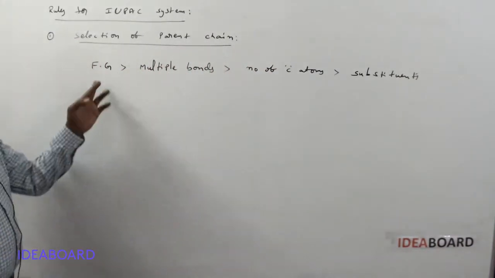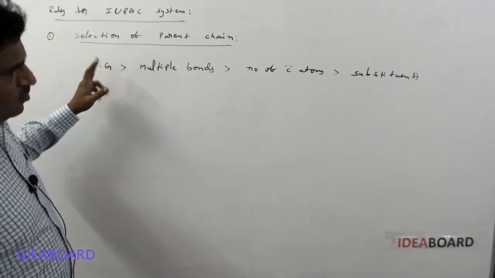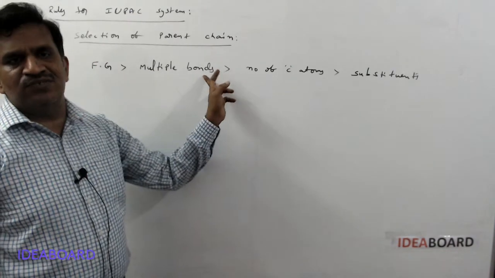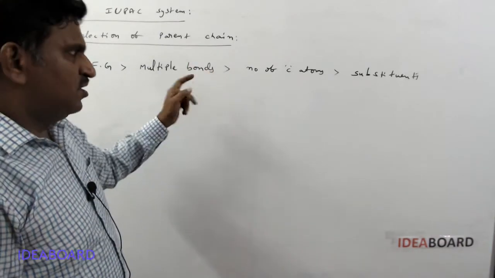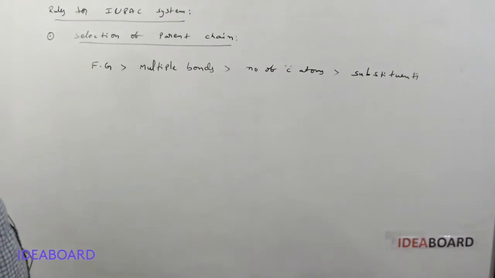So select the parent chain which contains the maximum number of functional groups, or if there is no functional group, select the parent chain which contains the maximum number of multiple bonds, or if there are no multiple bonds, first select the number of carbon atoms.